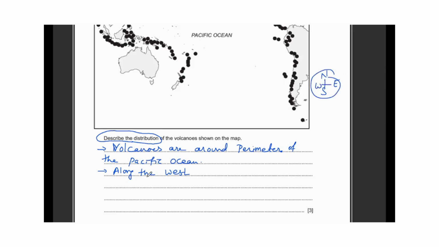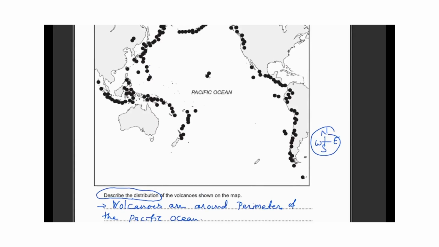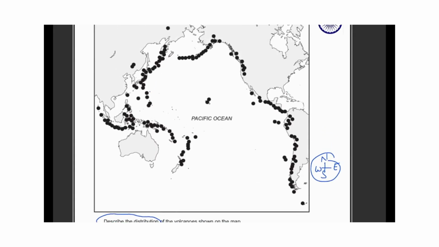Now check out along the west coast of North. Along the west coast you can see more number of volcanoes on this side.